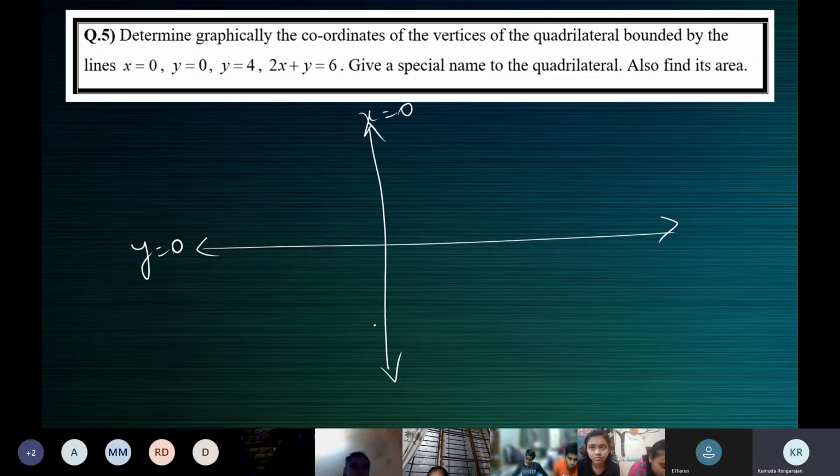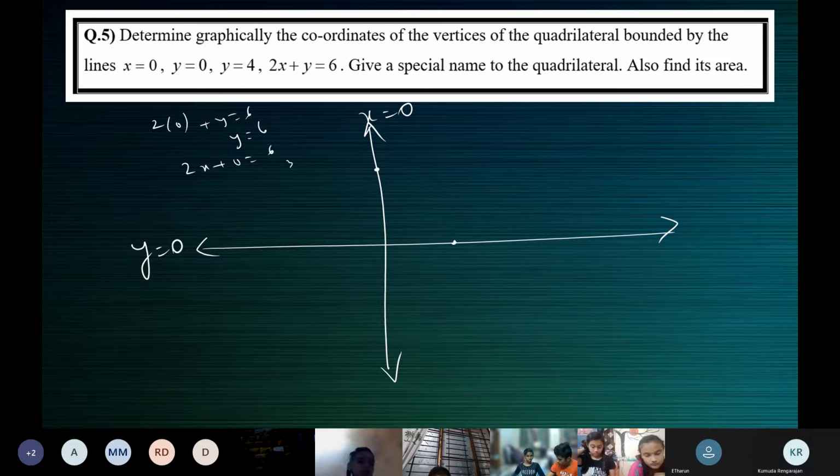And 2x plus y is equal to 6. So when x is 0, what do you get? When x is 0, y is 6. So 0, 6. And then when y is 0, 2x plus 0 is equal to 6. X is equal to 3. X is 3, 0.